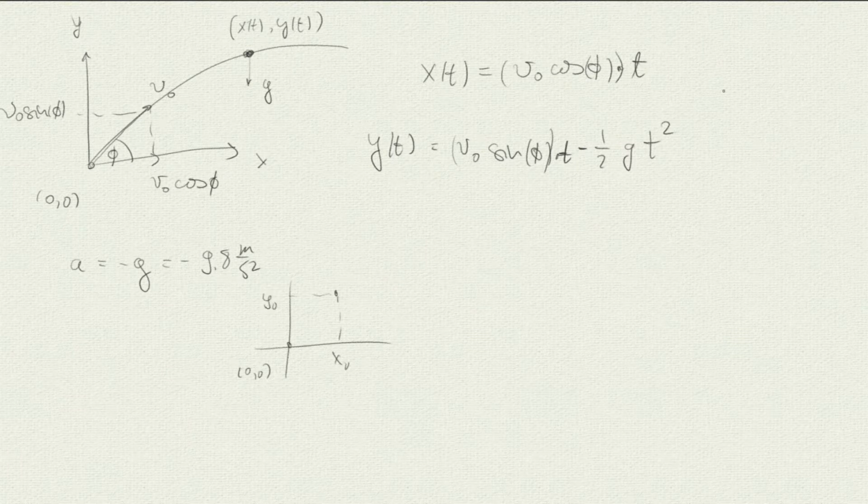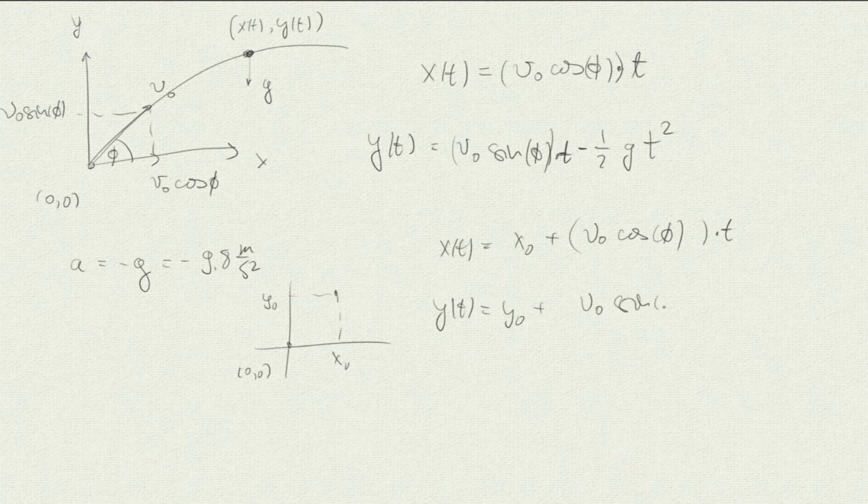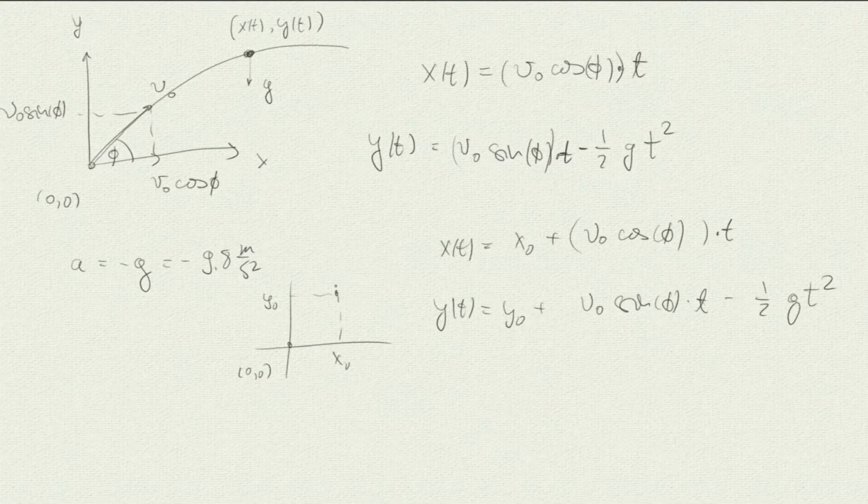But this is not of real interest to us in this problem, but the general equation would be x of t is x0 plus v0 cosine of phi times t, and y of t would be y0 plus v0 sine of phi times t, minus half g t squared. So that would be the equation of motion for an arbitrary point, and then from this point, if the particle was shot, we would make all the computations.